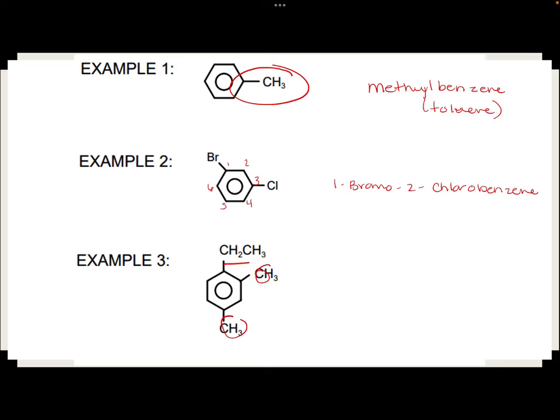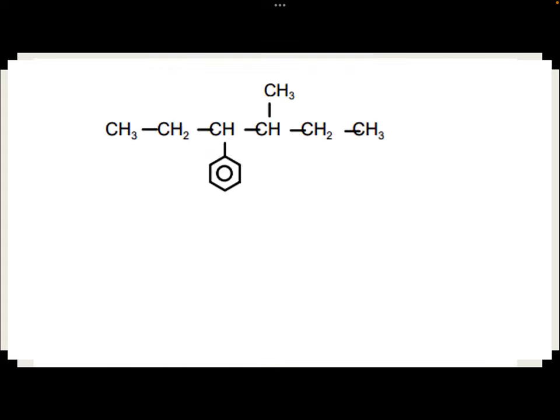And then example 3 is a little bit longer, but we have 2 methyls here, and then we have 1 ethyl. Because of how it is labeled, ethyl goes first, so 1-ethyl. And then the methyls were on 2 and 4, so 2,4-dimethylbenzene.